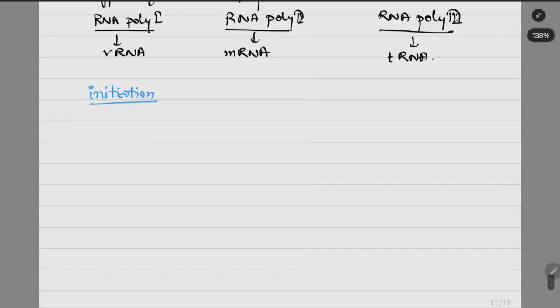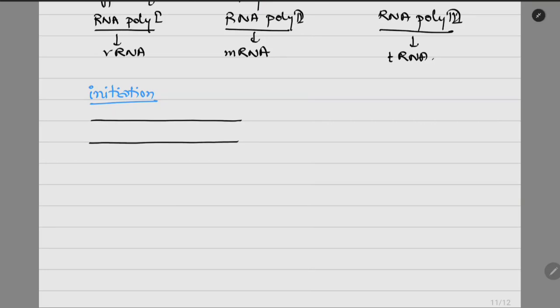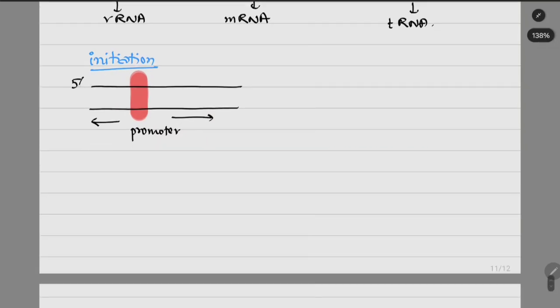In initiation there is the promoter region where the RNA polymerase will bind and finally transcription will take place. If I use this, promoter, this one is the upstream, this one is the downstream. If I take this as 5' to 3' and this as 3' to 5'.